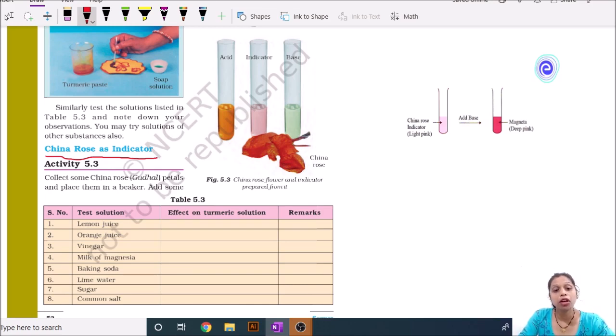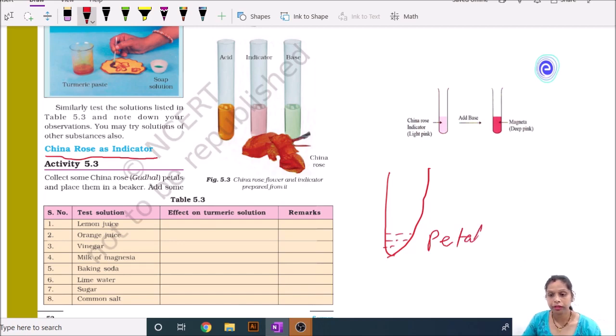For making a China rose indicator, you take a beaker and put some China rose petals in it and fill one third of the beaker with warm water.